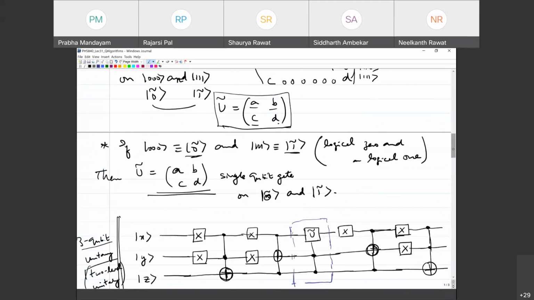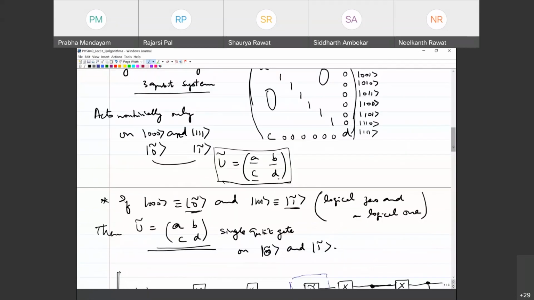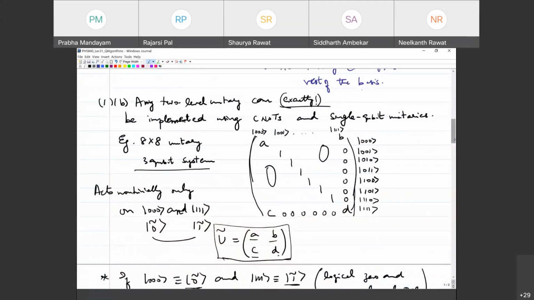Just wanted to confirm that. See, a two-level unitary can be in any dimension. Like here, it's in 8 dimensions. The point is that such a thing does not really need an 8-dimensional gate. It does not need a full 3-qubit gate. It needs a single qubit gate and a bunch of controls. Okay, that's the statement.